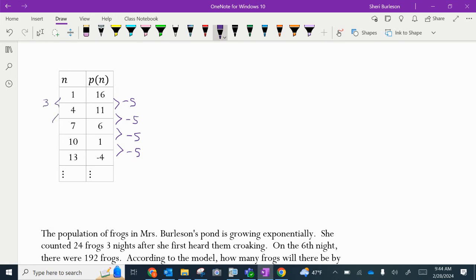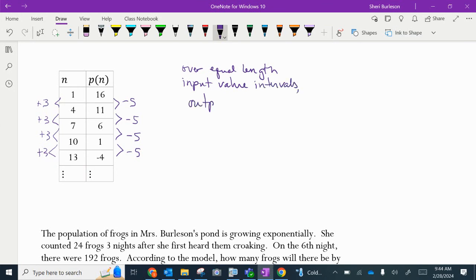If we see a constant rate of change over equal length input value intervals, and we see equal length input value intervals, right? So we could use that language: over equal length input value intervals, output values change at a constant rate.